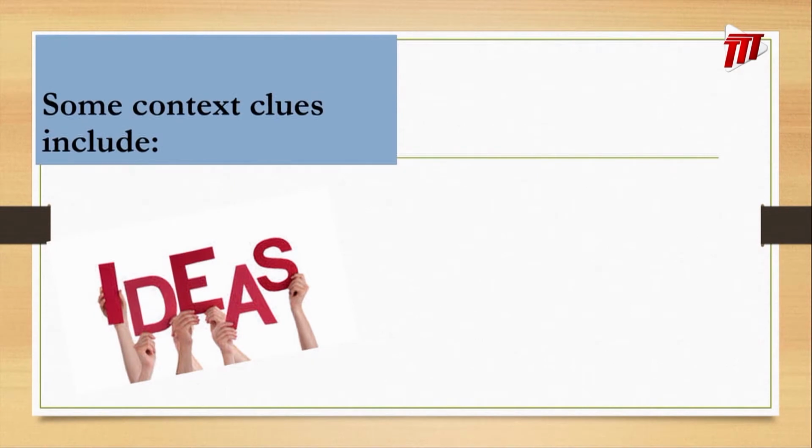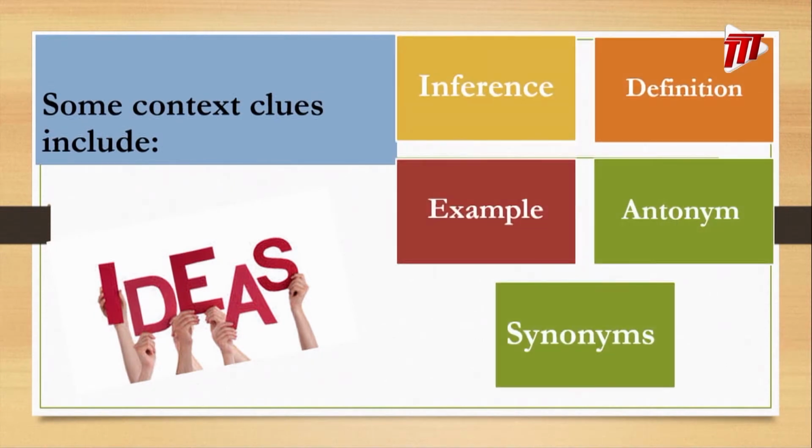So what does the I in ideas mean? The I stands for inference clues. The D stands for definition clues. The E stands for example clues, the A for antonym clues, and the S for synonym clues.